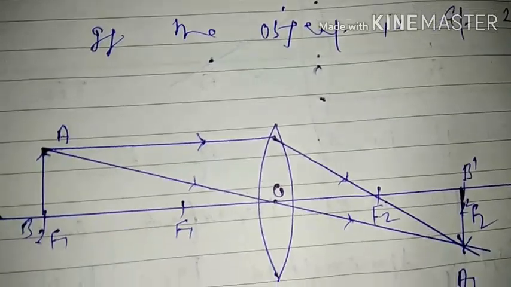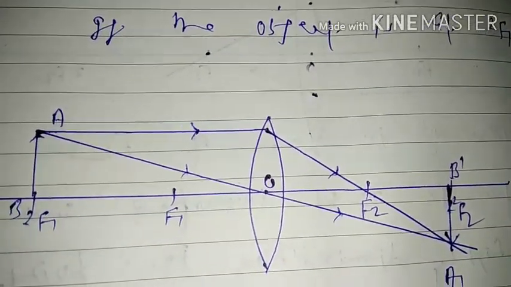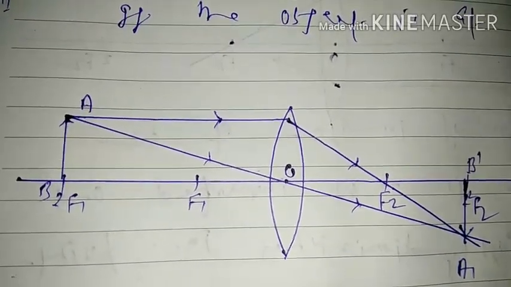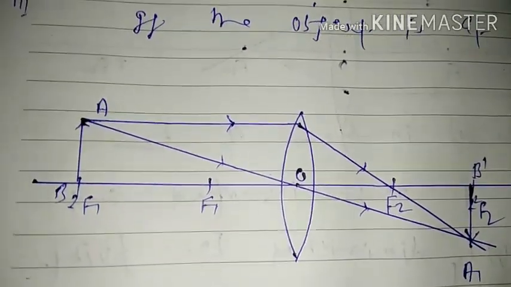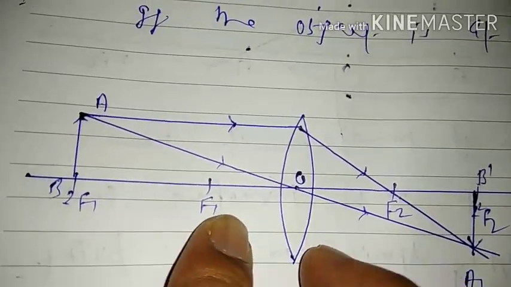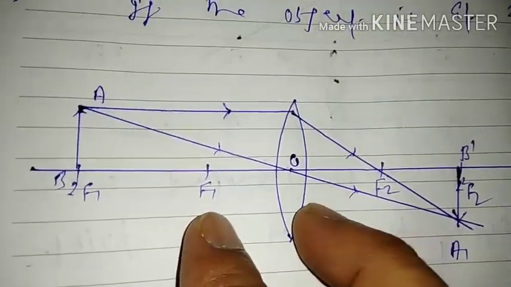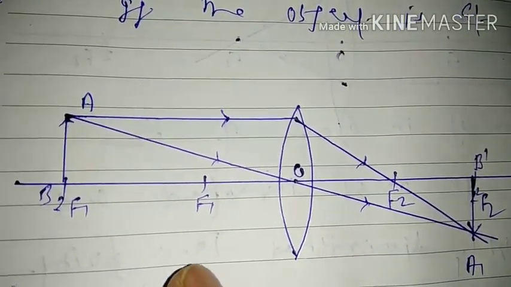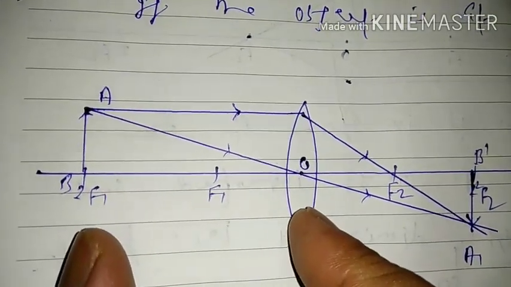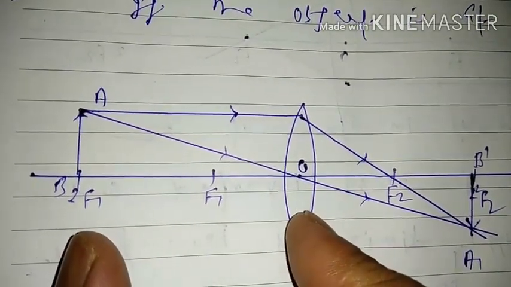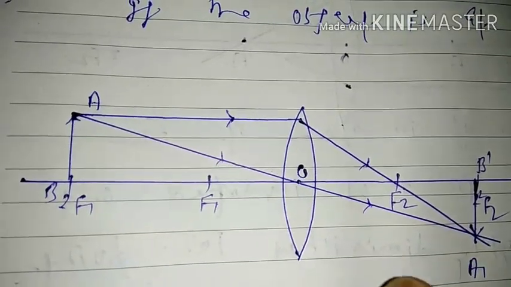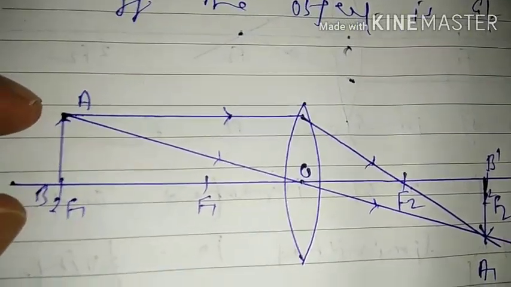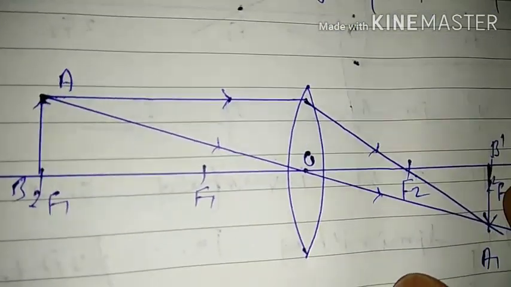So, dear students, if in numerical problem it is given that the size of the image is same as the object, and suppose you have given focal length of convex lens, then just from the relation f is equal to r by 2 or r is equal to 2f, you will calculate the object distance. Here object distance will be 2f and image distance will also be 2f. Here height of the object h will be equal to the height of image h dash.